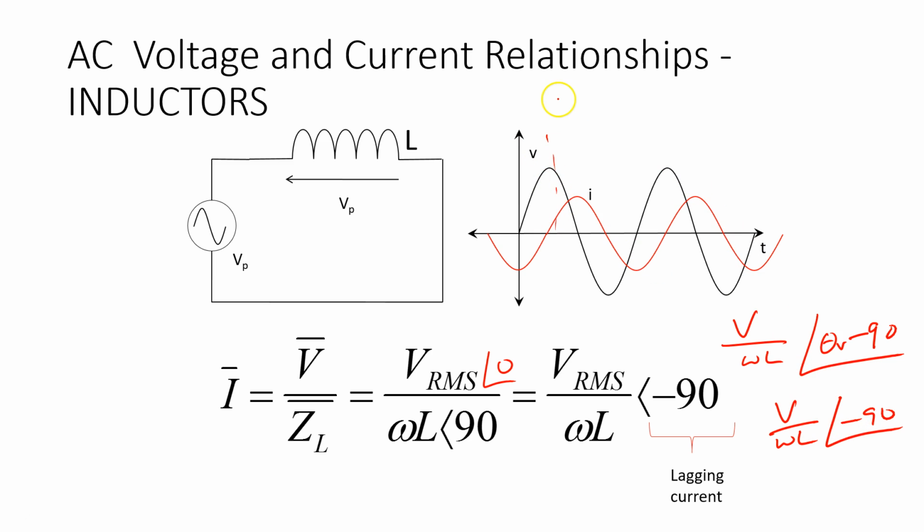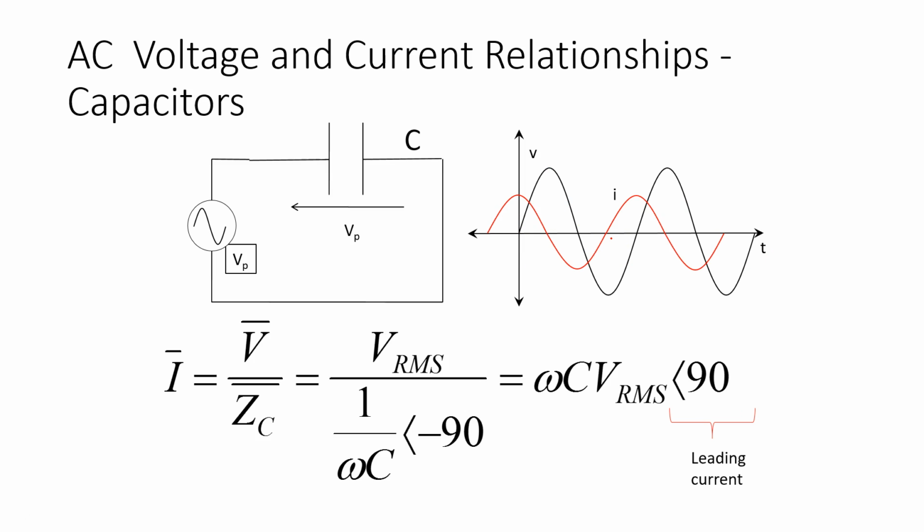In other words, if I look at the current and the voltage, if the voltage starts here, then after 90 degrees the current will be at the same point. So here the voltage gets to its peak and is coming down. 90 degrees after, the current gets to its peak and is coming down.